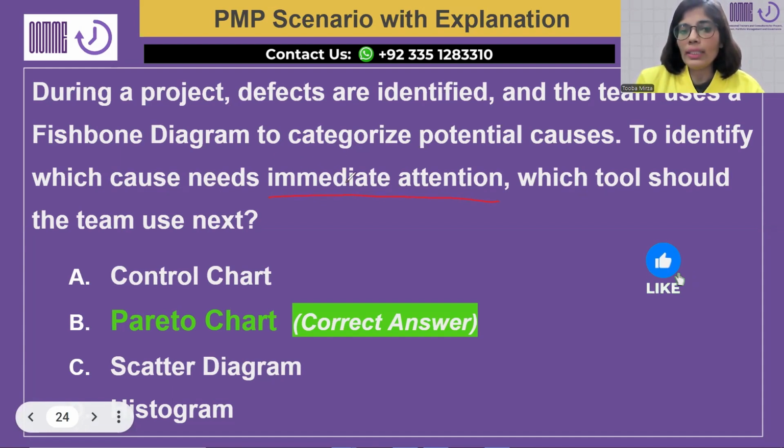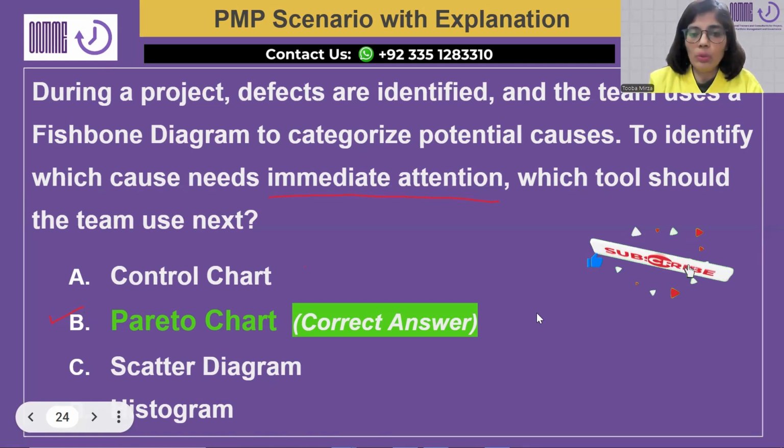To categorize those causes in a way that you get your immediate focus, those causes where immediate action is needed, which tool are you going to use? Accordingly, we are going with Pareto chart. So we also need to understand how a Pareto chart works.